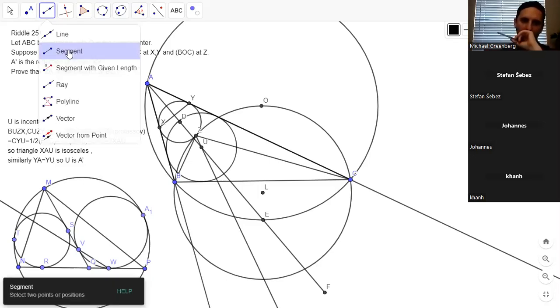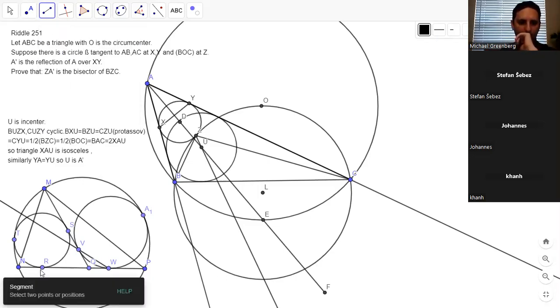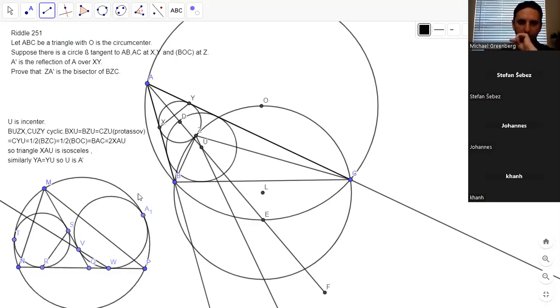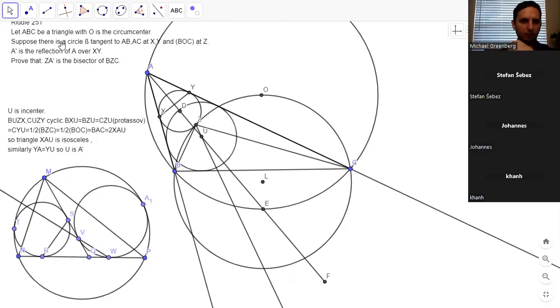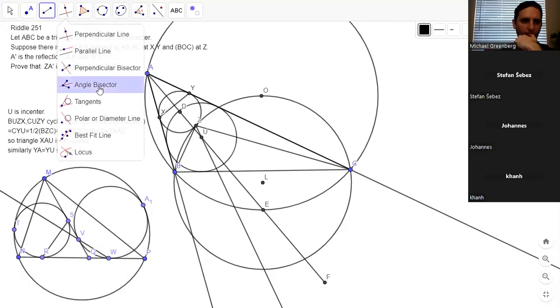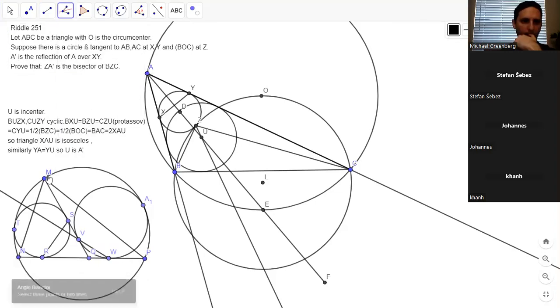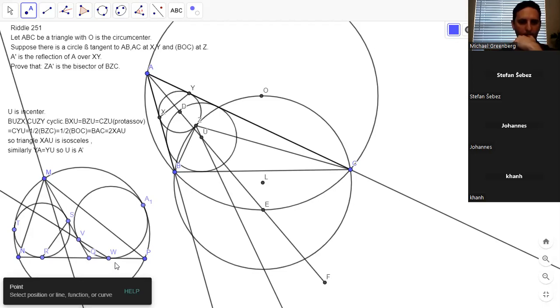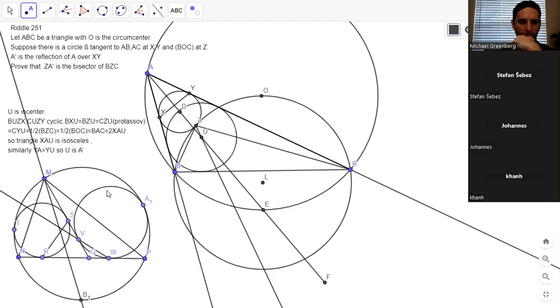So we would add in the midpoint of arc NP. Let me move this up just a little bit. Also delete this second circle to the right. This one.